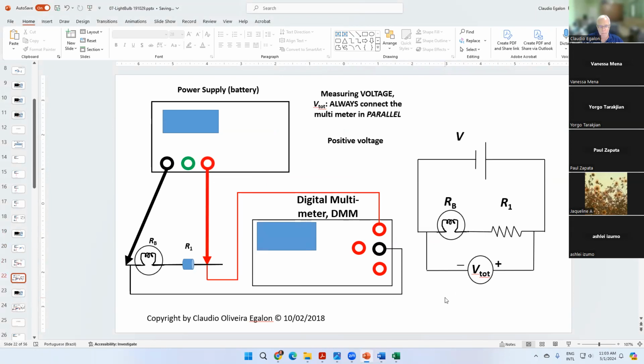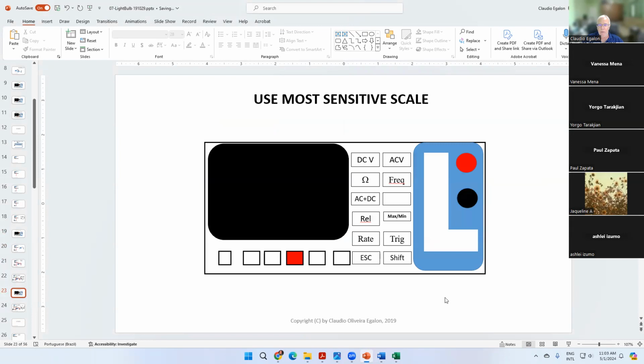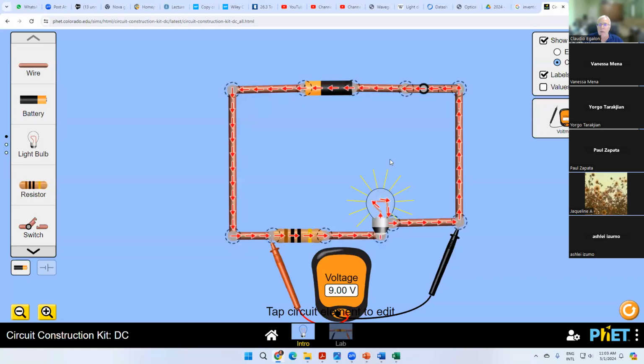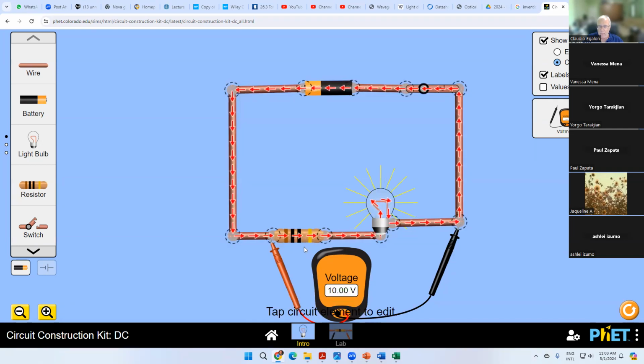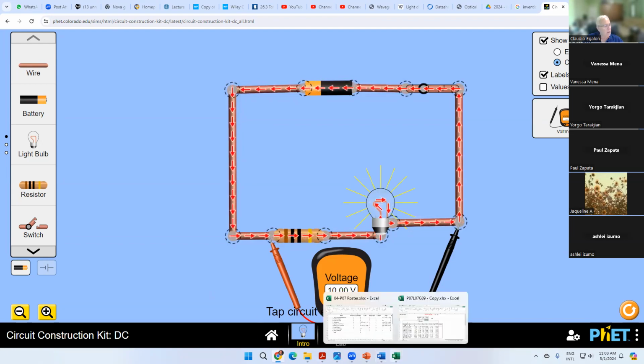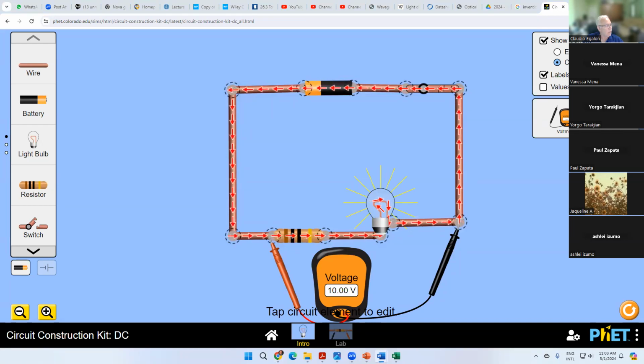Resistor, light bulb. Next, use the most sensitive scale. We have to increase our voltage, right? Let's increase our voltage to 10 volts here. Now we have 10 volts, and we are going to start our measurement.